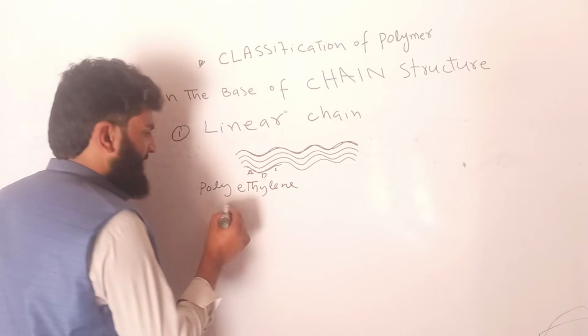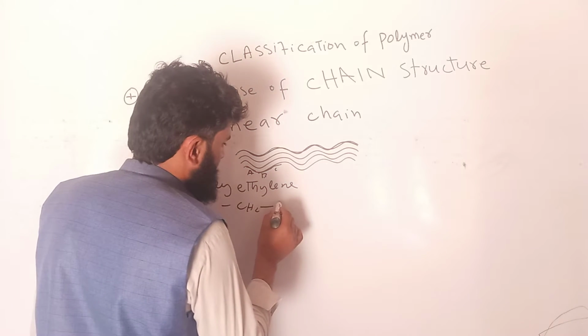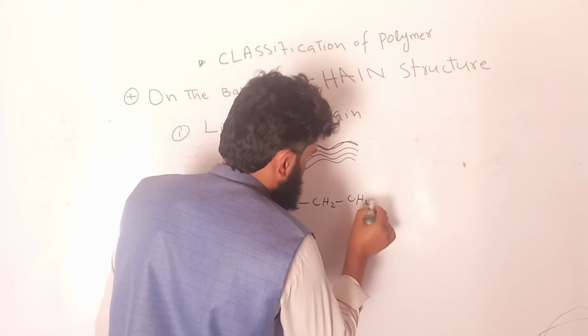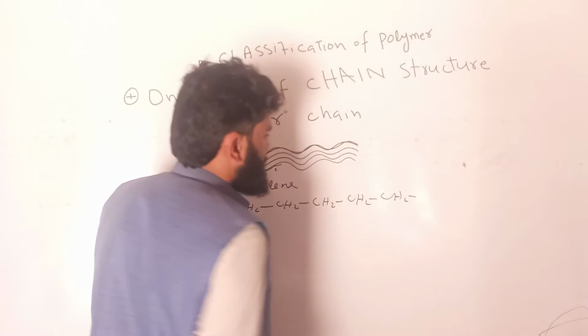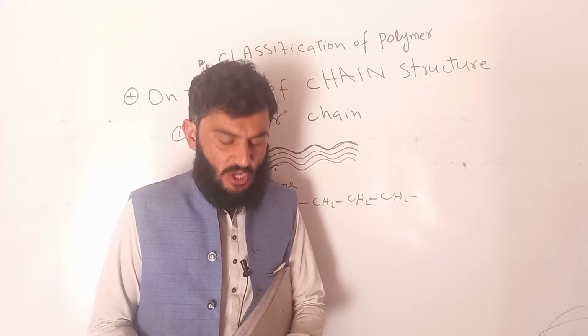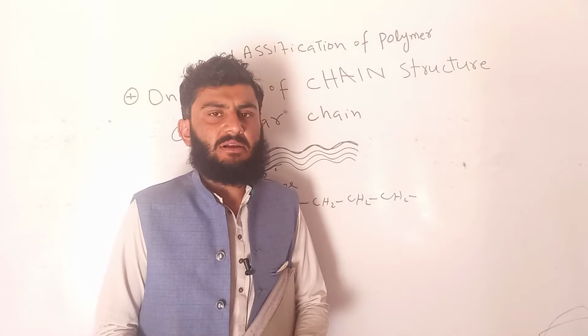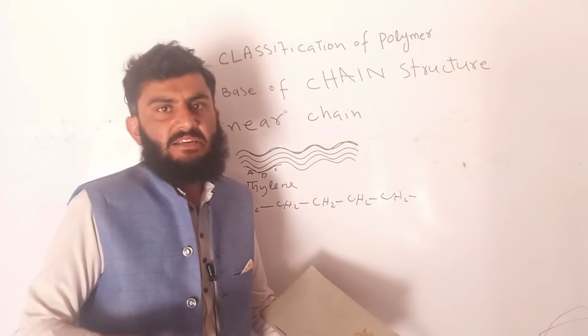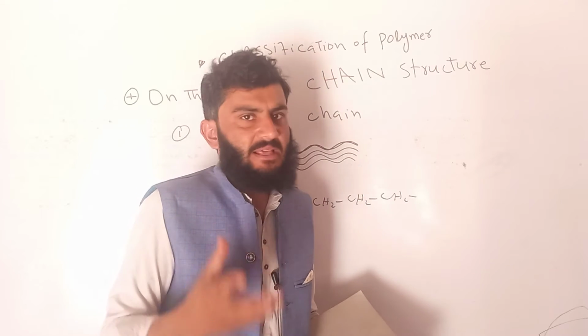So the polyethylene chains can arrange each other linearly. So linear chain polymers are those polymers where the long chains of polymers are arranged linearly, just like parallel, clear?